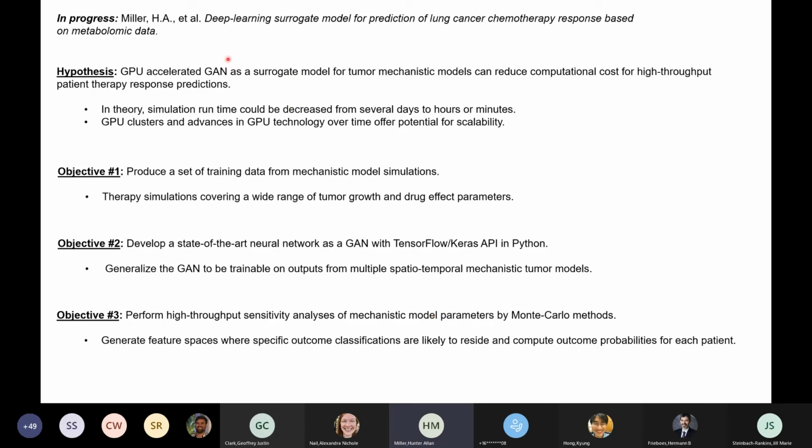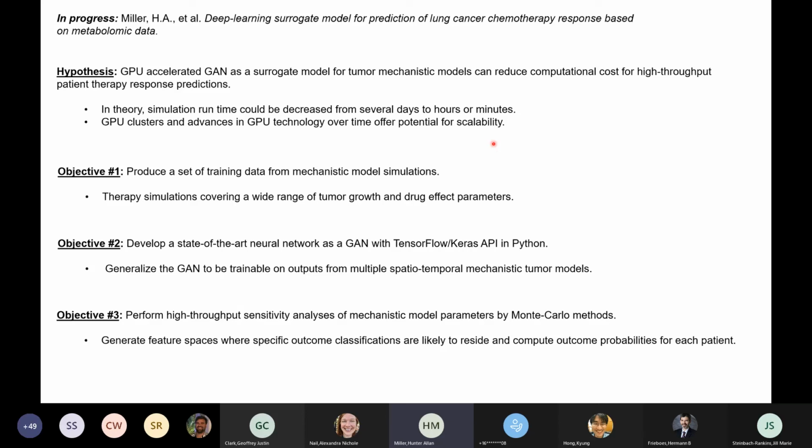So we hypothesized that a GPU accelerated GAN as a surrogate model for the tumor growth models can reduce computational cost and allow for high throughput patient therapy response predictions. The issue now is that the tumor growth model is CPU bound, and it would likely be too difficult and infeasible to implement GPU acceleration in the program directly by using something like CUDA in the C++ source code.